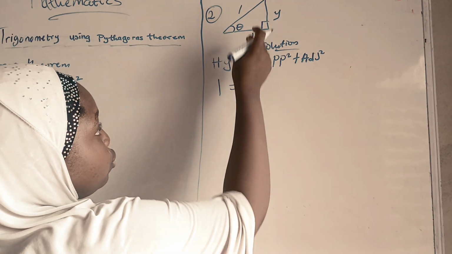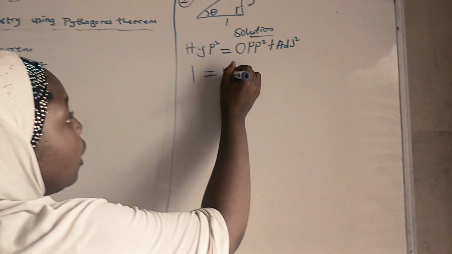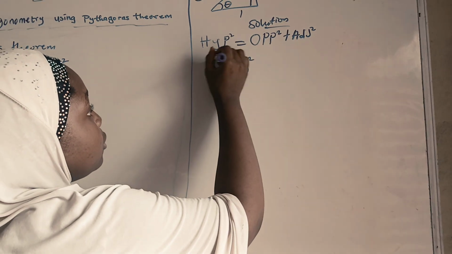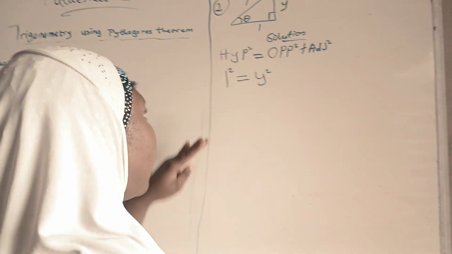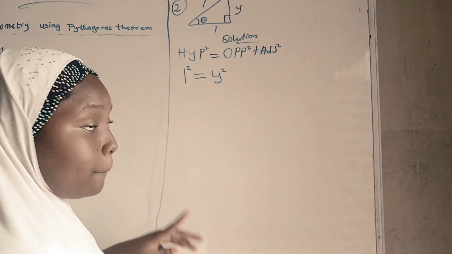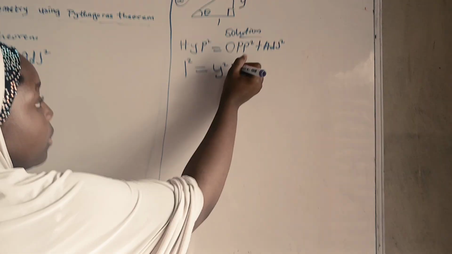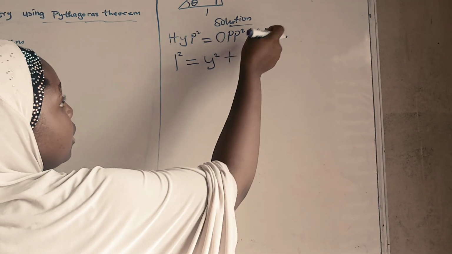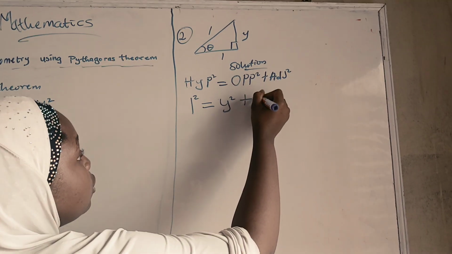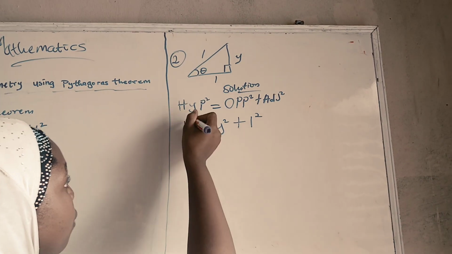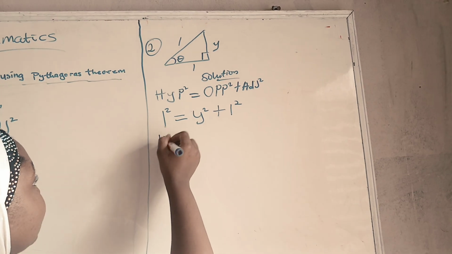1 squared is equal to, what is our opposite? Y squared. The square there is very important because it is part of the formula. Plus, what is our adjacent? 1 squared. 1 squared is same thing as 1 times 1.